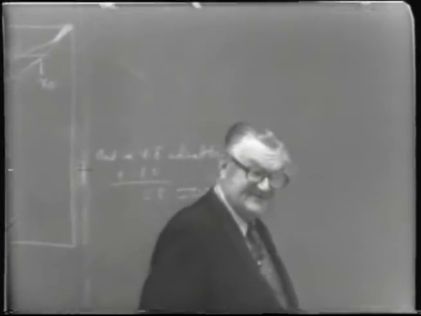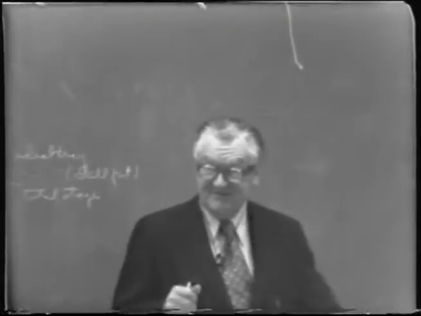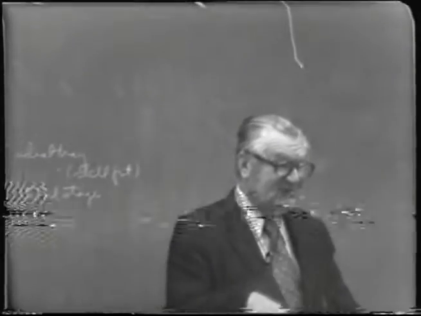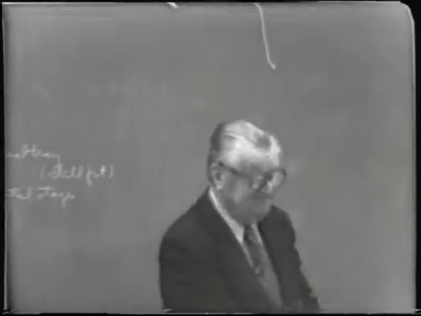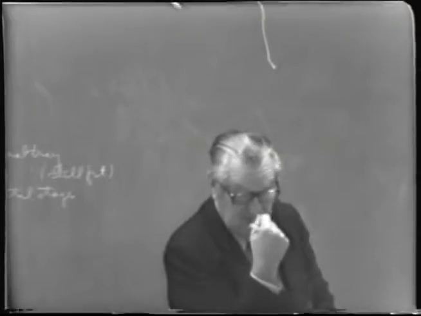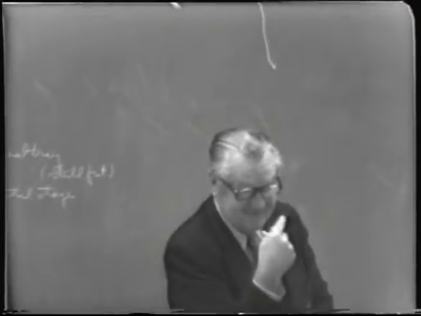Well, this may seem like a rather minor point, but it is sometimes a little bit confusing whether we're talking about trays or stages. Is that clear? Do you understand what I've said now?